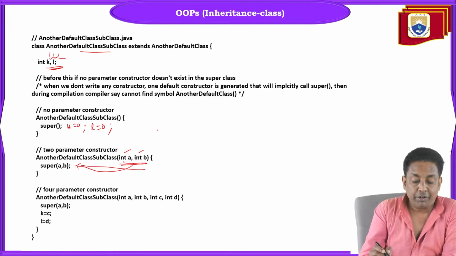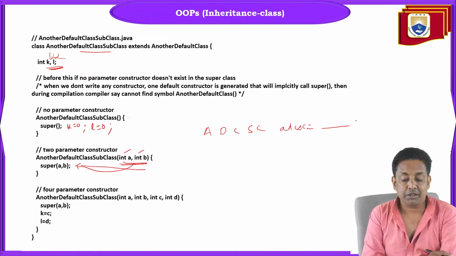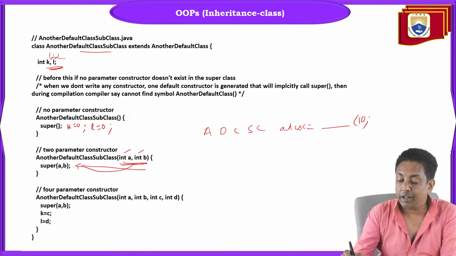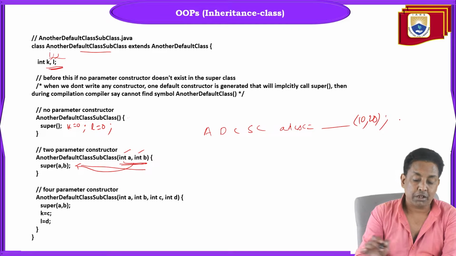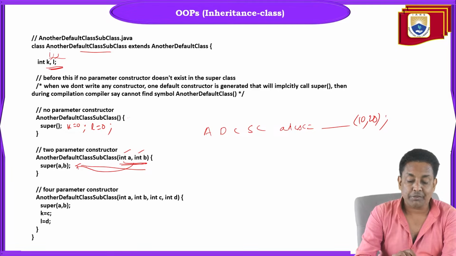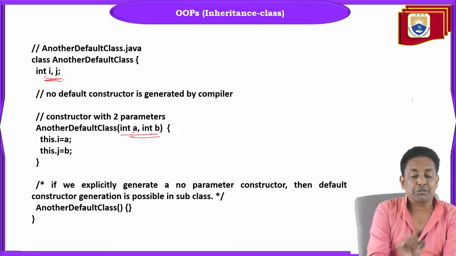And if anyone creates an object of AnotherDefaultClassSubclass with 10, 20, then what should happen? This 10, 20 should come here to the subclass constructor. From here, the two arguments should go to the superclass constructor. First the superclass two variables i and j should be initialized.